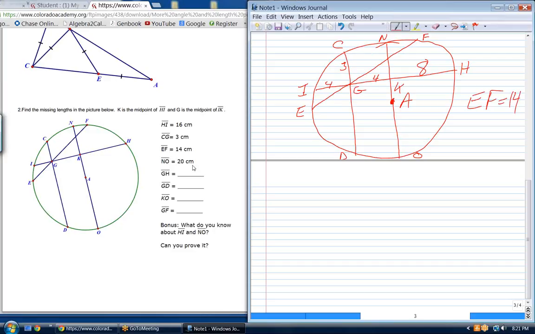NO is 20. Okay, so the radius is 10 and NO is 20.